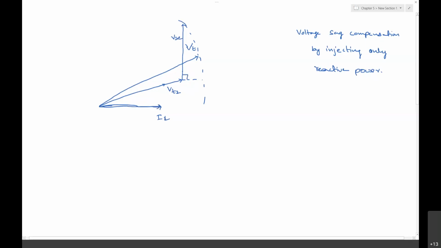Then obviously the power injected by the series compensator is only the Q power, Q series, because P series is zero. Now the load voltage has come to this particular place, VT2. They are going to inject in quadrature over here.